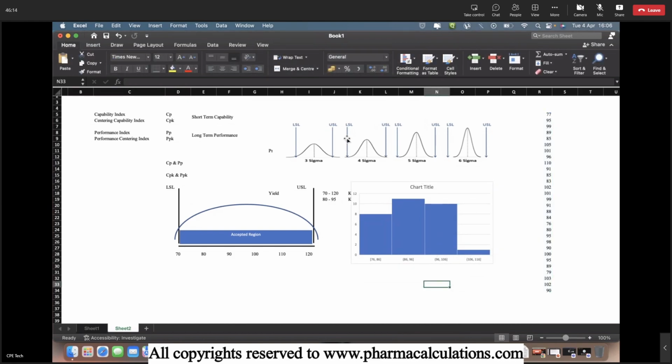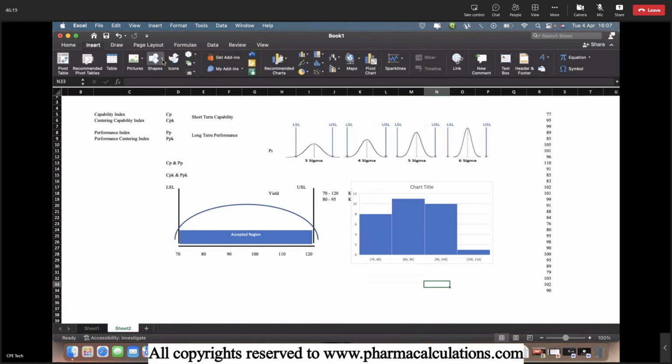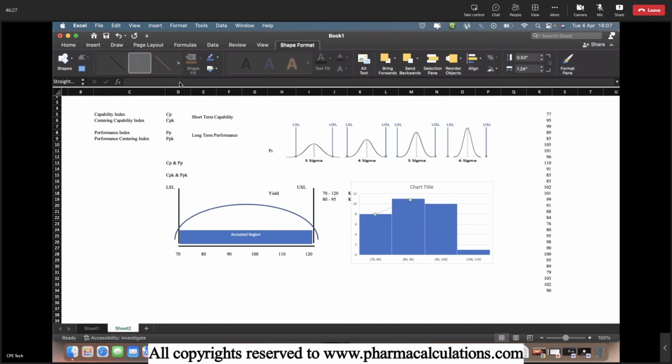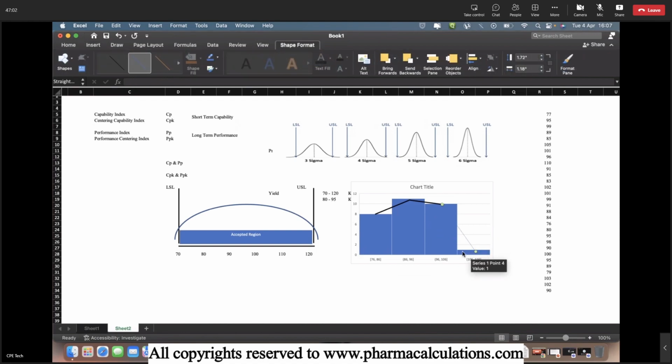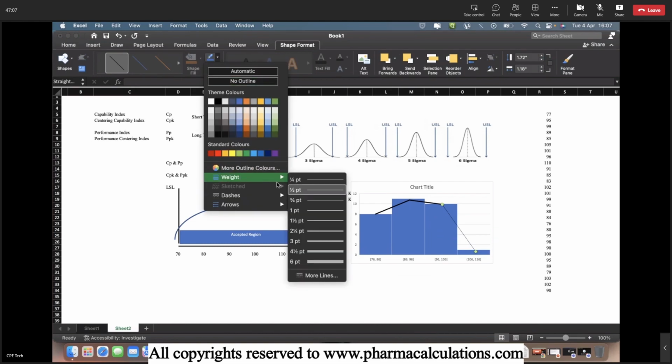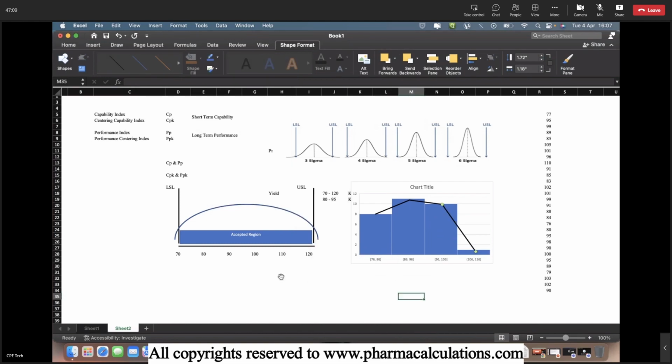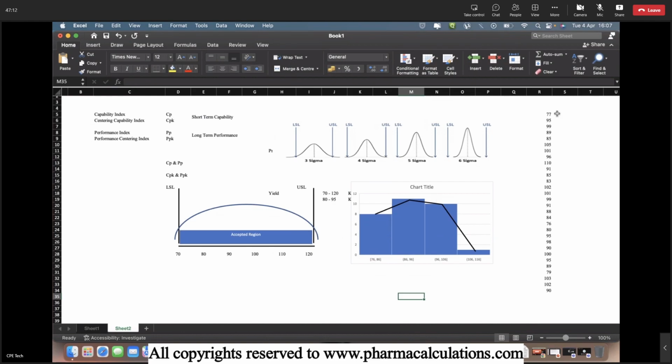If you want to get this type of curve, just try to connect the center points of these bar charts, and from this you will get this type of curve. So for the data that we got, this is the curve. This is how we plot a histogram, and we can get this type of bell-shaped curve for the data.